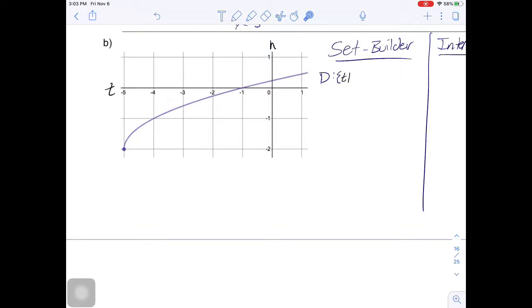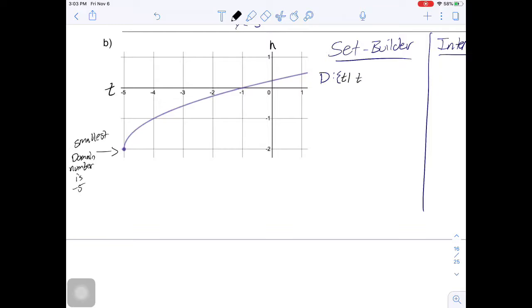And what can t be? Well, here, if you look, the smallest number t can be is negative 5. So at this point, my smallest domain number is negative 5. And as you can see, it's a closed circle. So that means I'm going to include it.